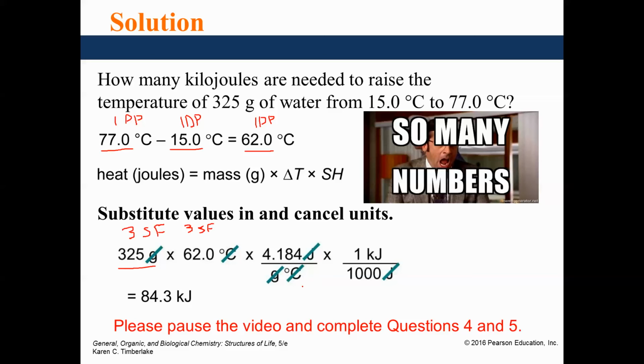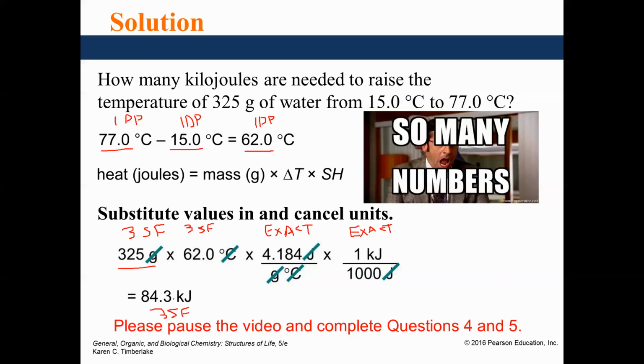Right here we have 4.184 joules per gram degree C. You could argue either way, but I think a lot of people would argue this is one of the bases of the metric system, therefore it's exact. But I probably wouldn't dock you points on a quiz or exam if you said that it was measured. It's kind of a tricky one there. And then this conversion from joules into kilojoules is also exact because those are in the same measurement system. So we know our answer here to 3 sig figs.